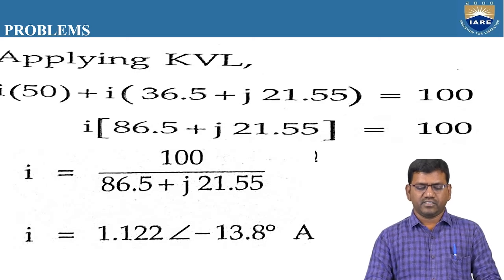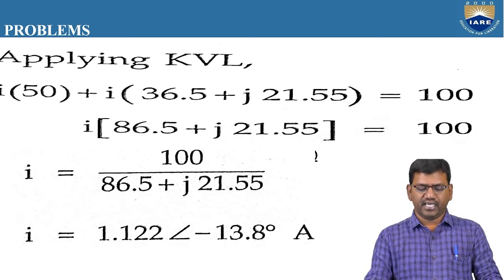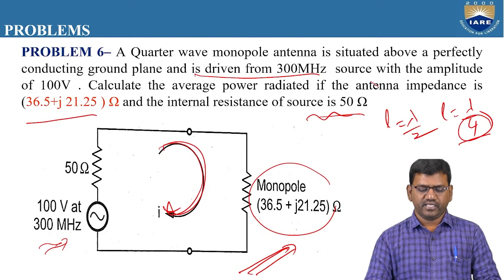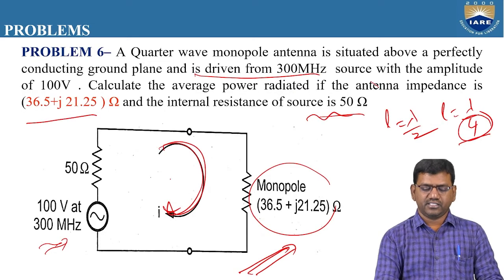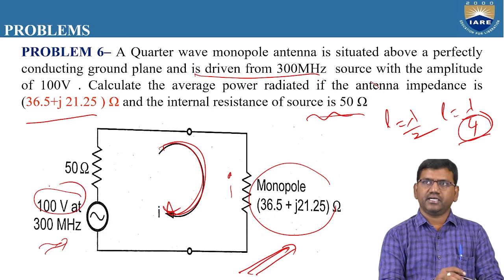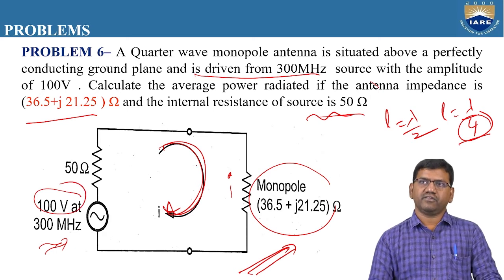If I is the loop current, so 50I plus I into (36.5 plus j 21.25) is equal to 100. Right? So this is the KVL equation.